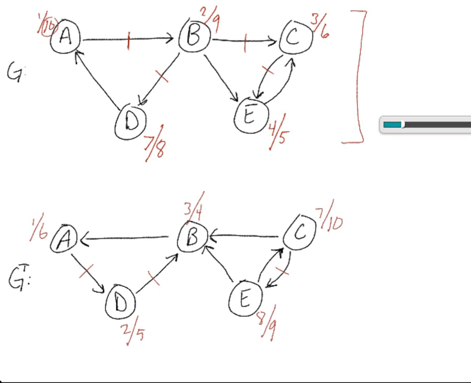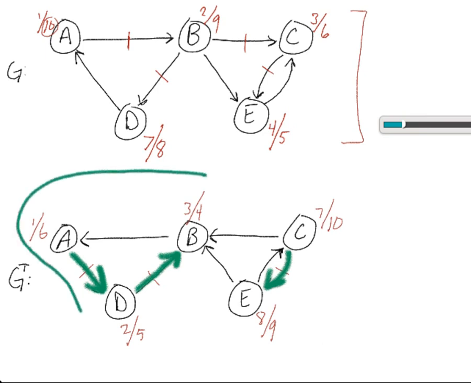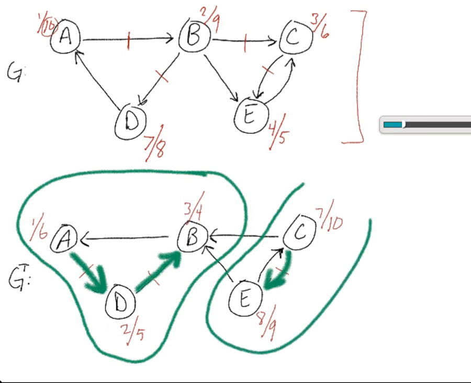So we take the depth first tree, and that leaves us with exactly 2 connected graphs. That graph and that graph. And those are the strongly connected components of the original graph.